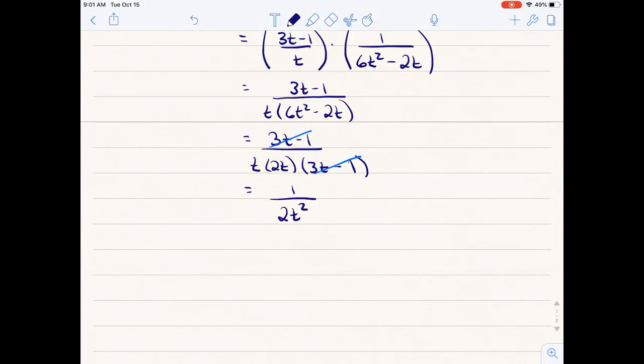The pickle with these things is if I asked you what's the domain of 1 over 2t squared, you would probably just say, well, t can't be 0, moving on. Only because the rules for the domain say we can't have illegal math. So the two main things to look out for are that we cannot divide by 0 and we cannot take the square root of a negative number.